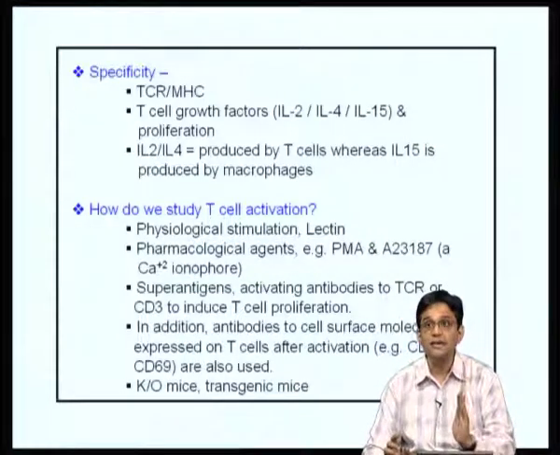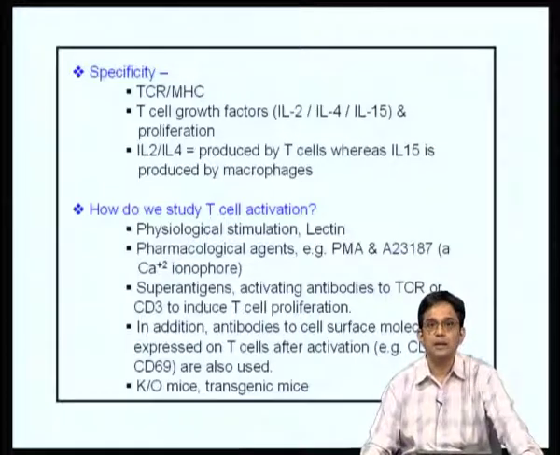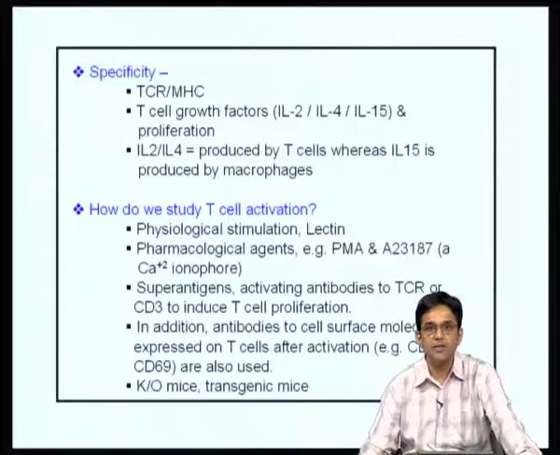They may bind to families of T cell receptors, but overall they activate a large pool of T cells, and so that is why they are known as super antigens, because they are not the normal MHC peptide complex antigens.